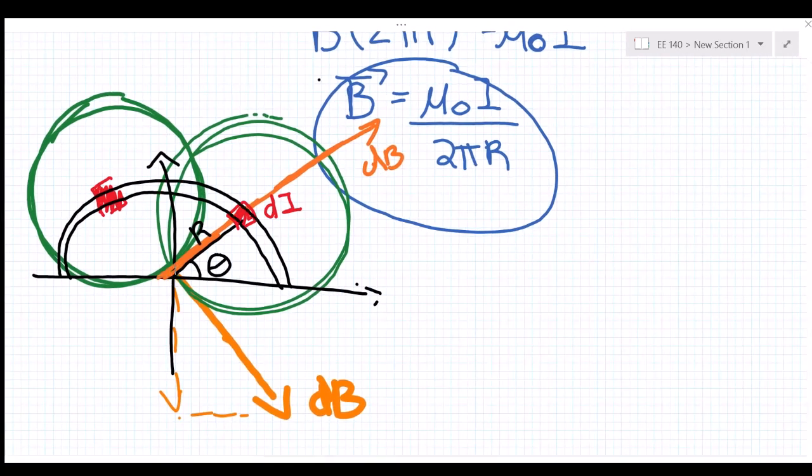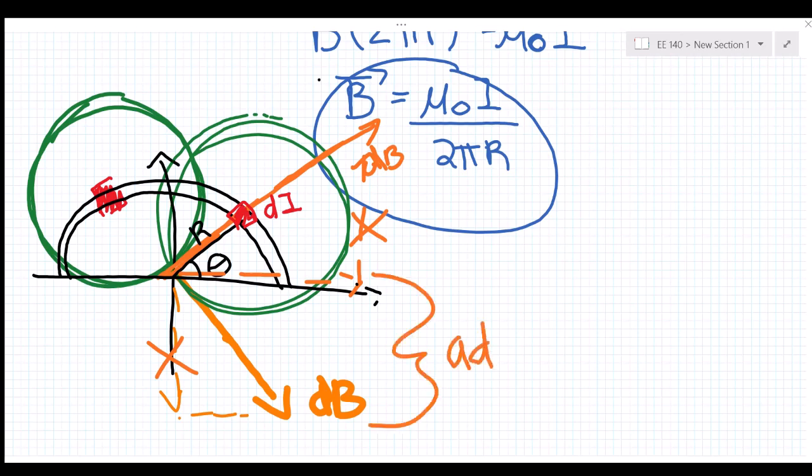Since dB is a vector, it will have x and y components. What we realize is that our first tiny element and our second tiny element, the dB in the direction of y will cancel, while the x components will add.